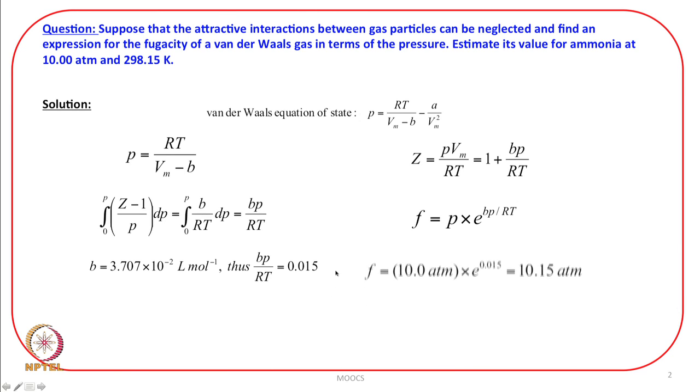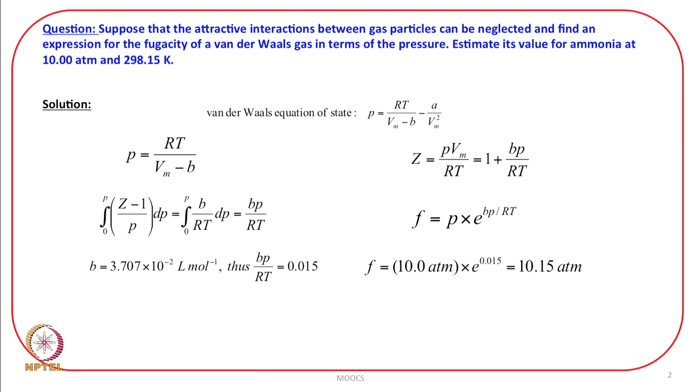Then if you substitute in f = P exp(bP/RT), we know pressure is 10 atmosphere and bP/RT is 0.015, so the answer comes to be 10.15 atmosphere.